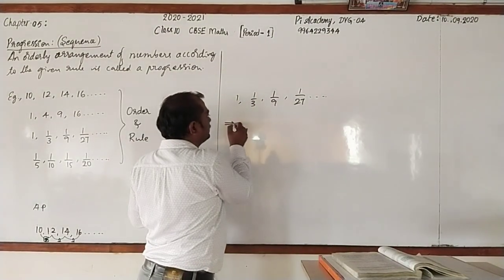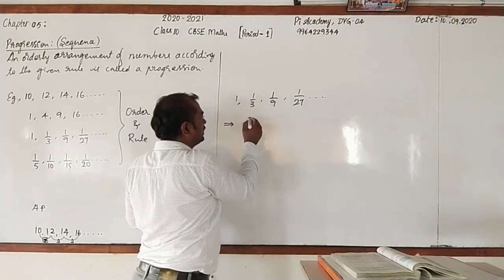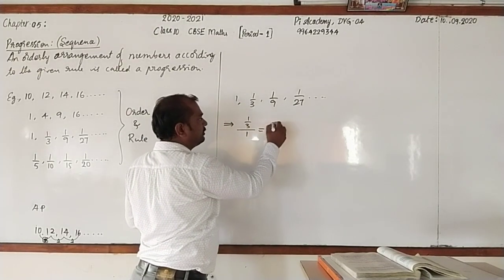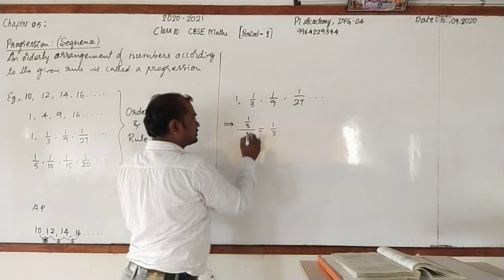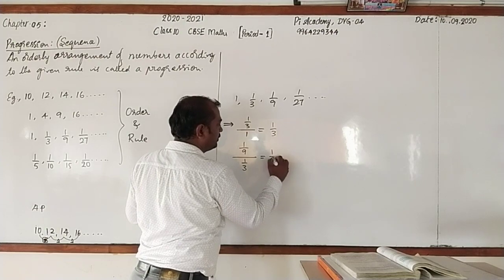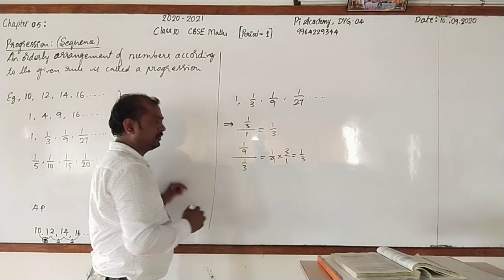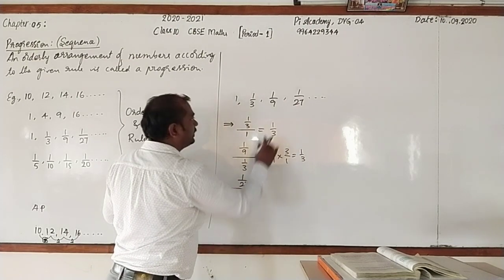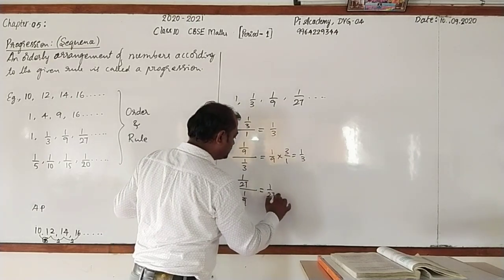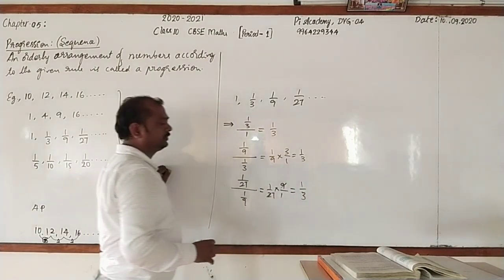Here find out the ratio of a term and its preceding term. A term is 1 by 3 and the preceding term is 1. That ratio can be written as 1 by 3. Next, 1 by 9 whole divided by 1 by 3, that's equal to 1 by 9 into 3 by 1, which is 1 by 3. 1 by 27, divide this by its previous term 1 by 9, which is equal to 1 by 27 into 9 by 1, which is equal to 1 by 3.